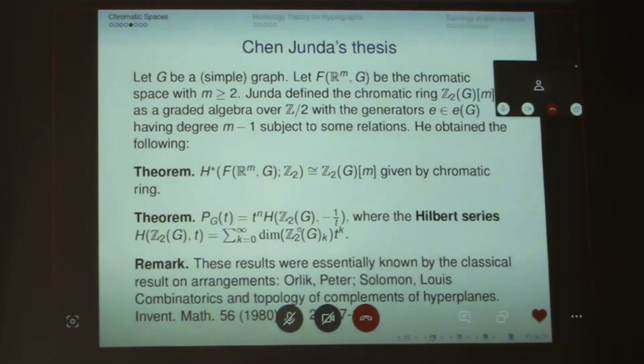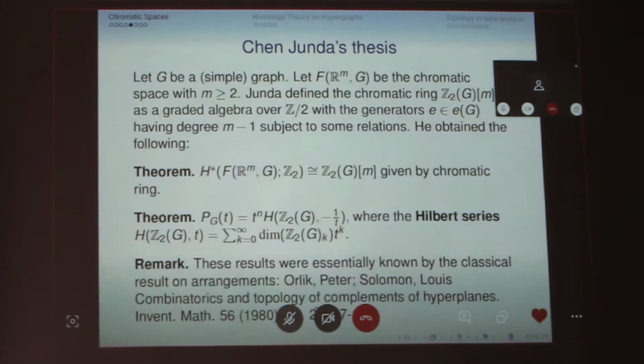He's a nice young guy, but actually he did not realize that this was one of the very classical theorems given by Solomon in his famous result in the area of hyperplane arrangements. Now, the method is different, but the essential result will be restated.